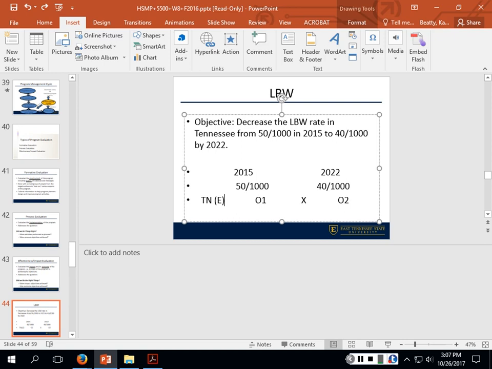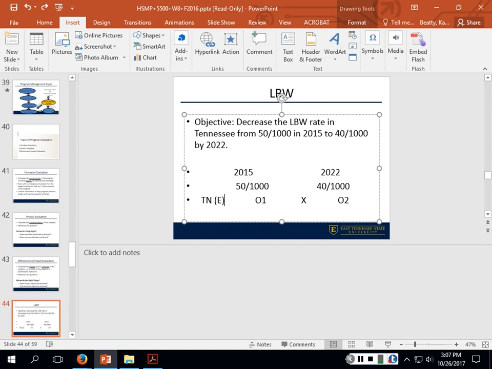Because there's no comparison group, exactly. So we really don't know whether this change from 50 to 40 was because of our program or because of other policies or programs or initiatives that were occurring in the state of Tennessee during this time period through the March of Dimes or through funding from the Tennessee Department of Health or other entities.